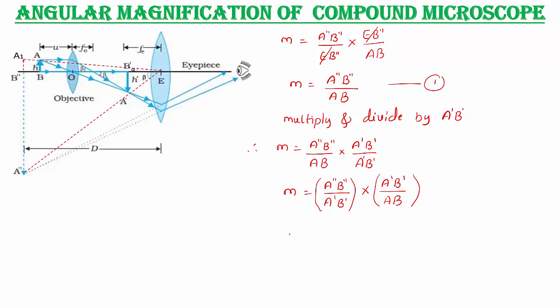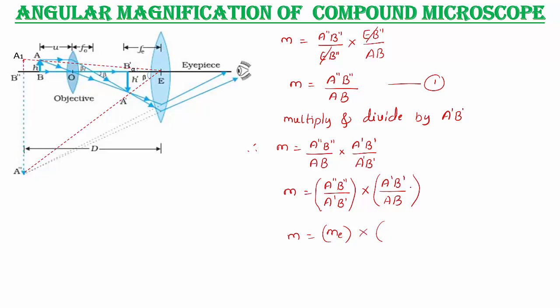So here m equal to, observe the diagram, A double dash B double dash divided by A dash B dash. That means here A double dash B double dash is the image, A dash B dash is the object for the eyepiece. Image with respect to object for the eyepiece is equivalent to the magnifying power or angular magnification of the eyepiece. Instead of writing this, we can write the magnifying power of the eyepiece, ME, into.